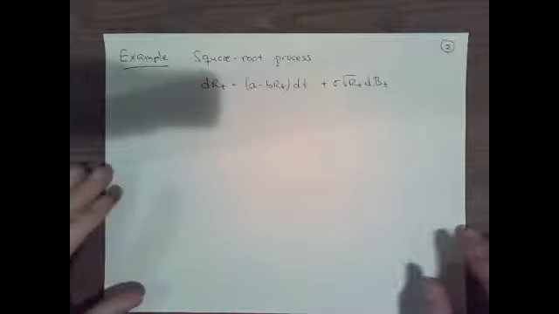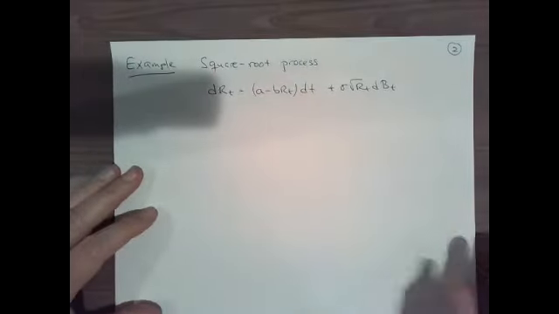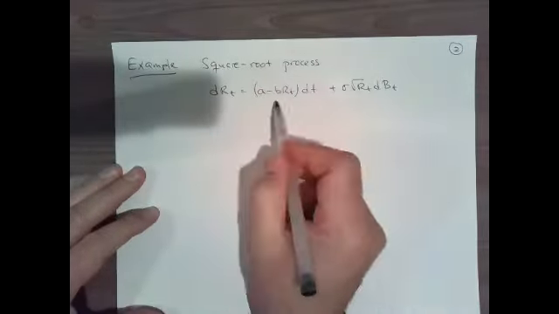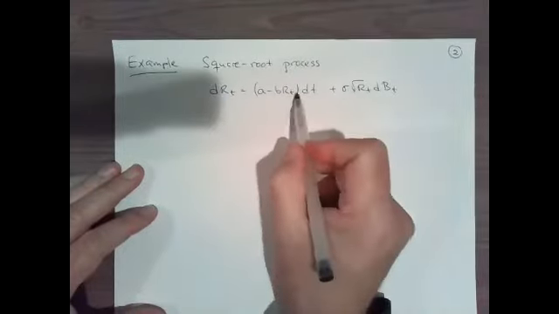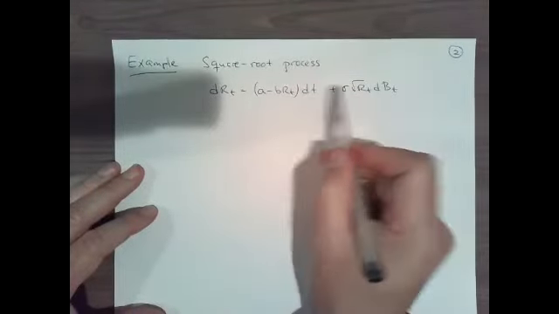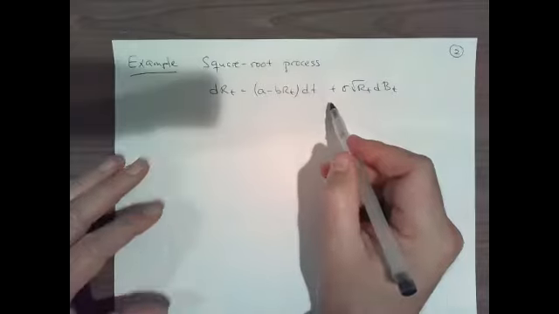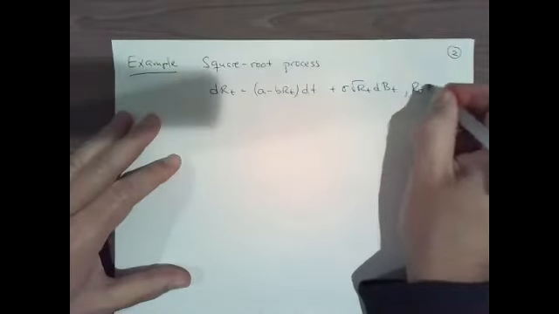So this is an SDE because R appears both on the left-hand side and on the right-hand side. We're going to have an initial point that is positive.